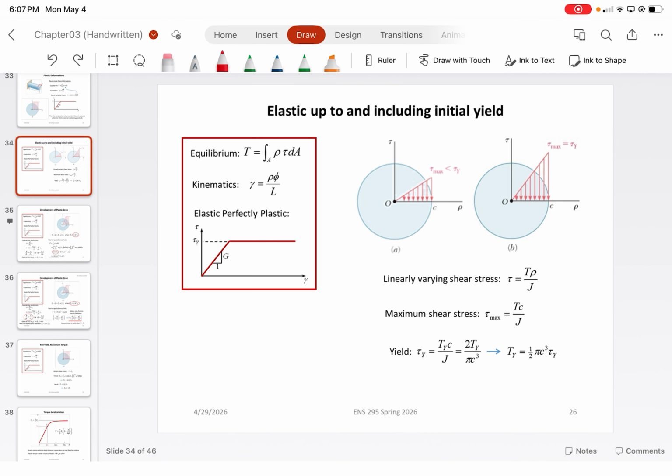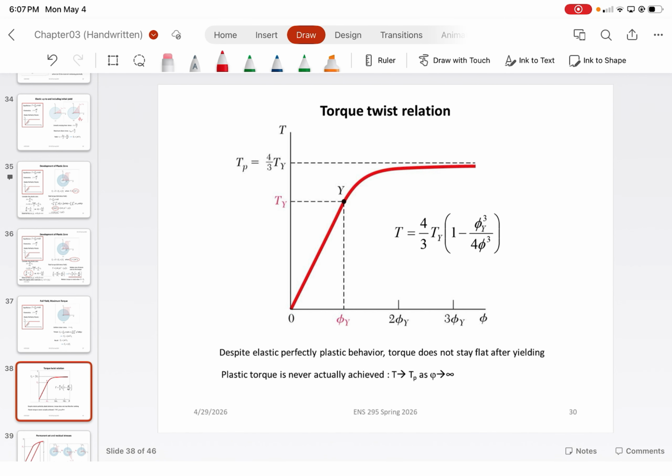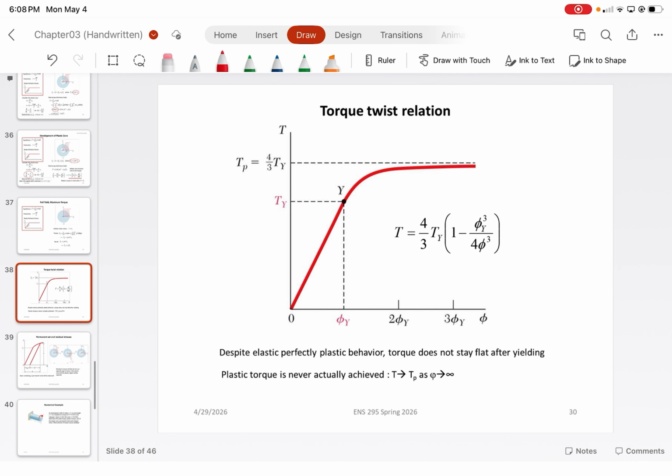That phi y is just the associated angle of twist for this case here, and phi would just be whatever angle of twist you're considering. And so what we would find is an inverse cubic function that basically blows up to infinity as you get closer and closer to the plastic torque. Which makes sense because we're dealing with plasticity, so our deformations should obviously blow up. For torque, it's very simple. Once you start dealing with it for beams, for example, it becomes a nightmare.